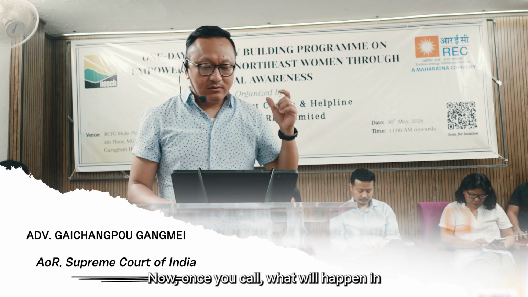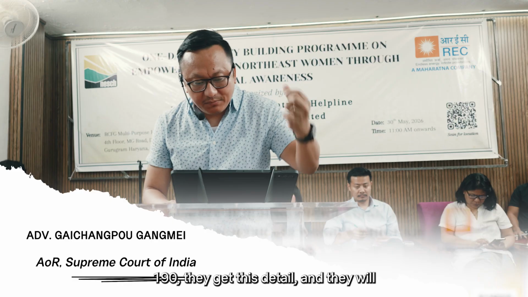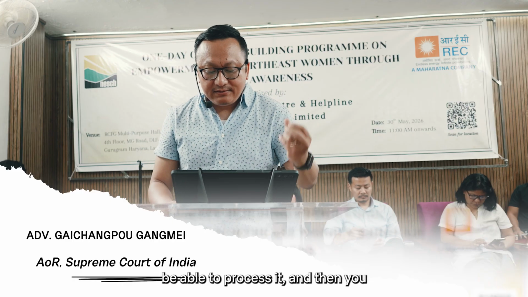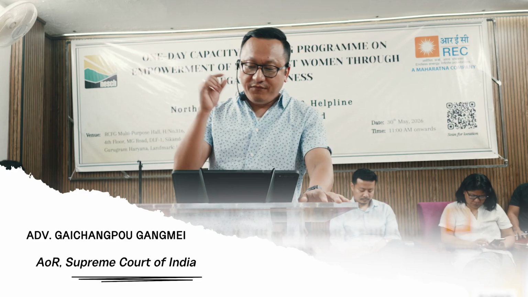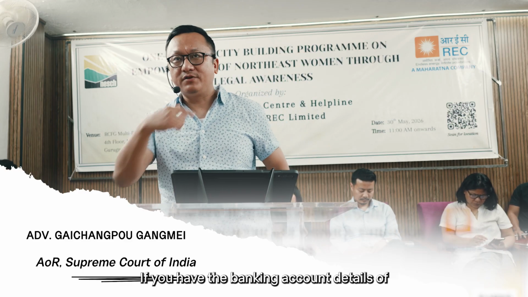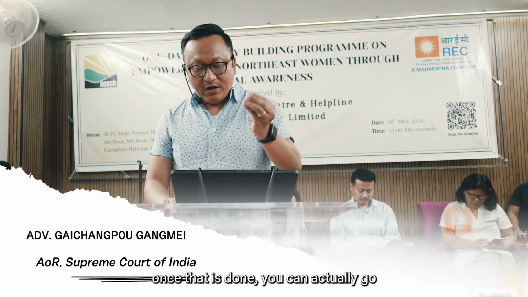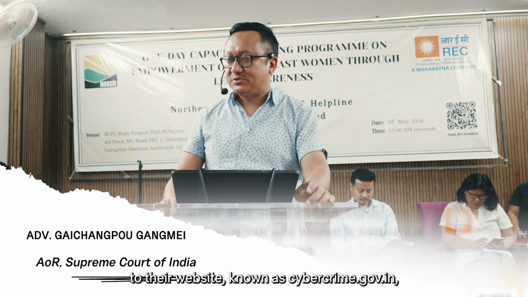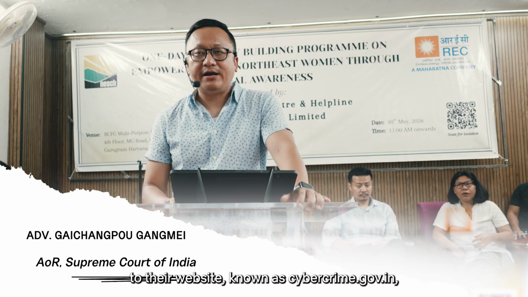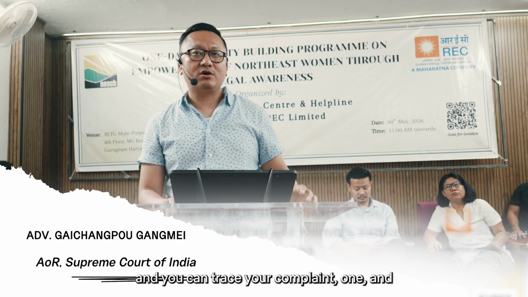Now, once you call, what will happen in 1930? They get this detail and they will be able to process it, and then you will be allotted something called a complaint number. If you have the banking account details of the person, you can give it. And then once that is done, you can go to their website, cybercrime.gov.in, and you can trace your complaint.